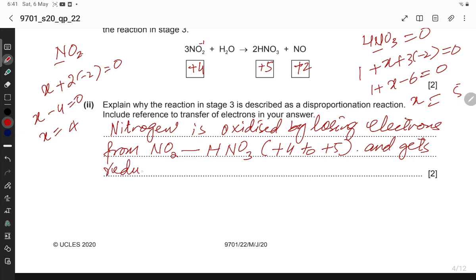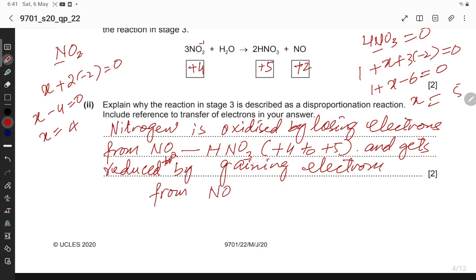by gaining electrons from NO2 to NO, from plus 4 to plus 2.